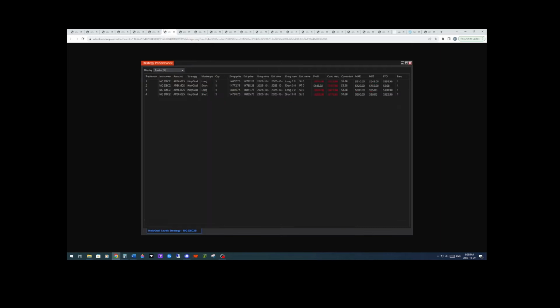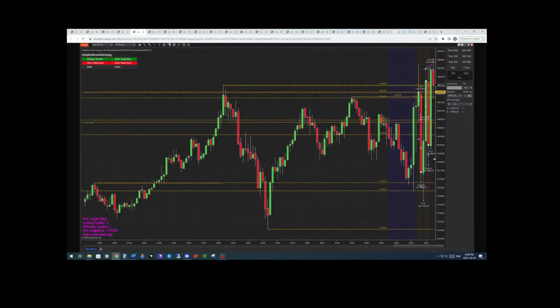Again, it was another day with not the greatest amount of news, but on the chart there was actually a decent amount of levels. You got about 80 points in between the levels, and it's stuck in that range.